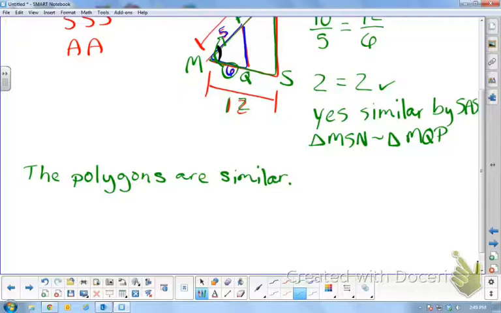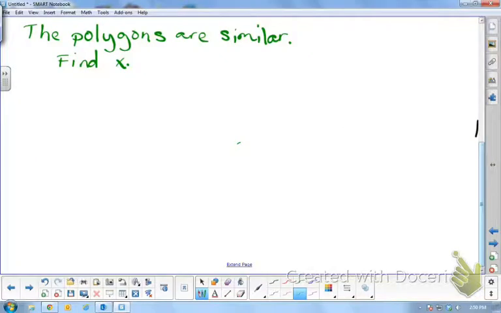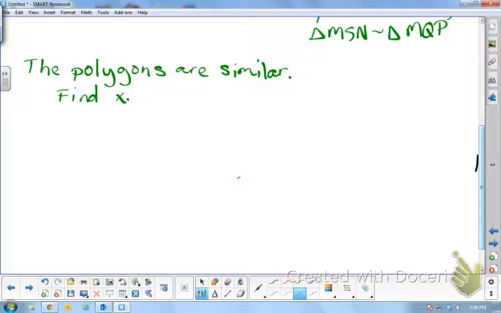They mean the same thing. If I say polygon, I can use any shape I want. We just have to look for the corresponding sides.